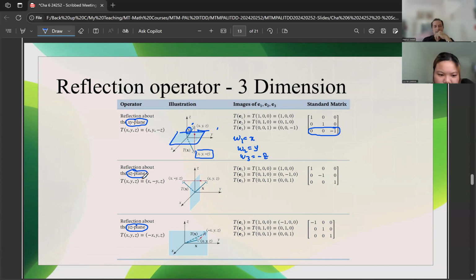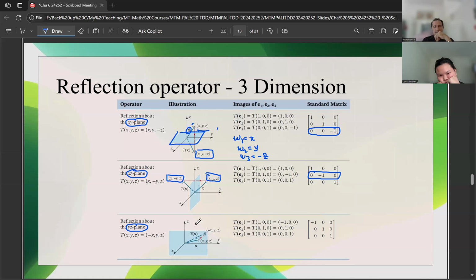With the same logic we have the reflection about the xz plane. x, y, z becomes x, minus y, z. So we have the negative in the second row.